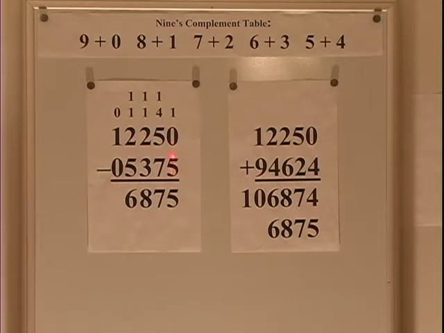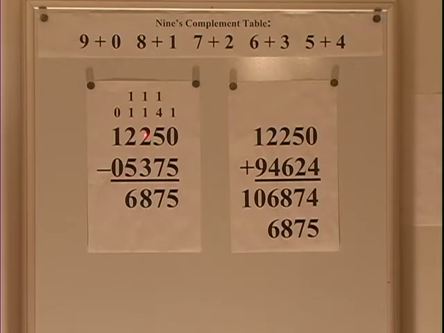5 is greater than 0, so I have to borrow 1 from this 5, that becomes a 4, and this becomes a 10 now. Seven is greater than 4, so I have to borrow 1 from this.